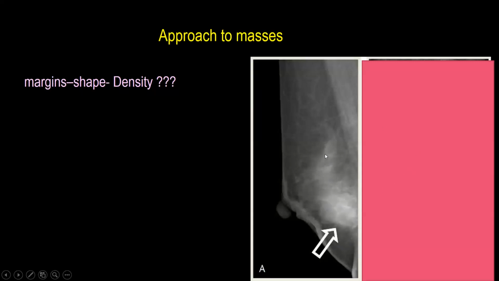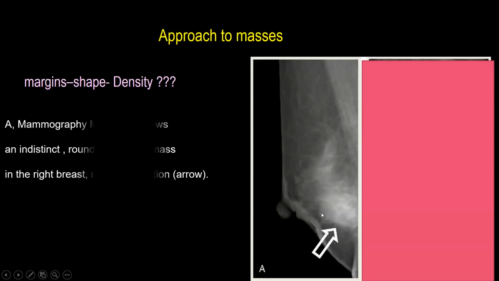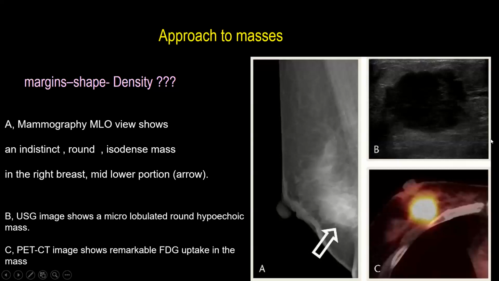And the density? Equal density. Excellent. Then the shape? Irregular. It can be irregular, but they described it as rounded. You see, they said it is rounded, but I accept indistinct, and I accept irregular shape. Okay, so that is its ultrasound.